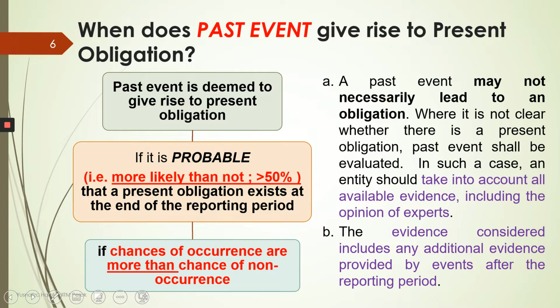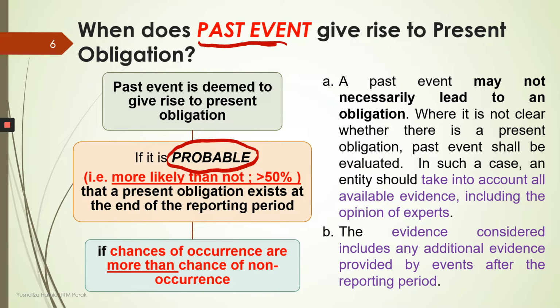Next. Just now we said that present obligation is a result of past event. What is the meaning of the word past event? What are those past events that give rise to present obligation? According to MFRS 137, a past event gives rise to present obligation if it is probable.